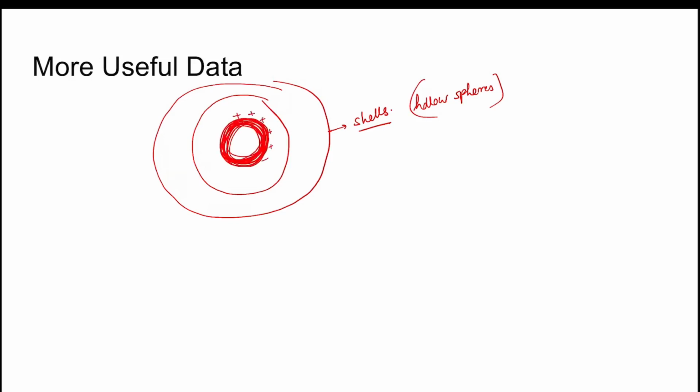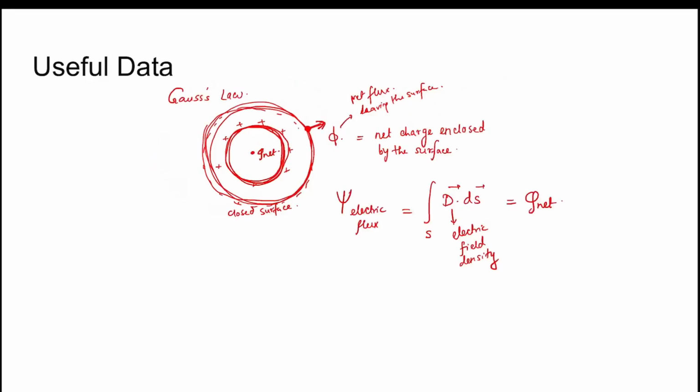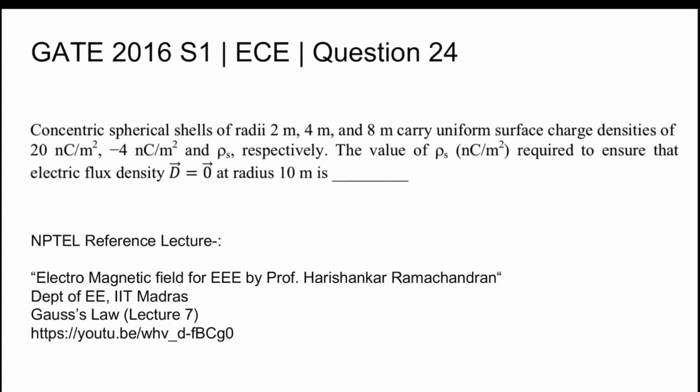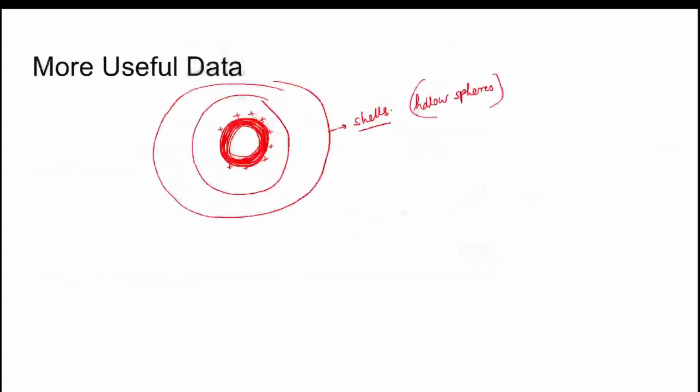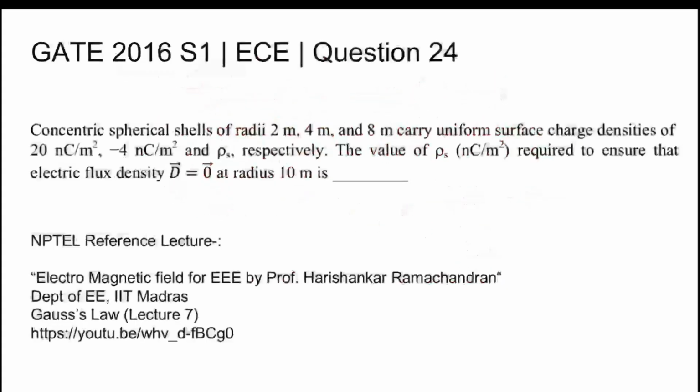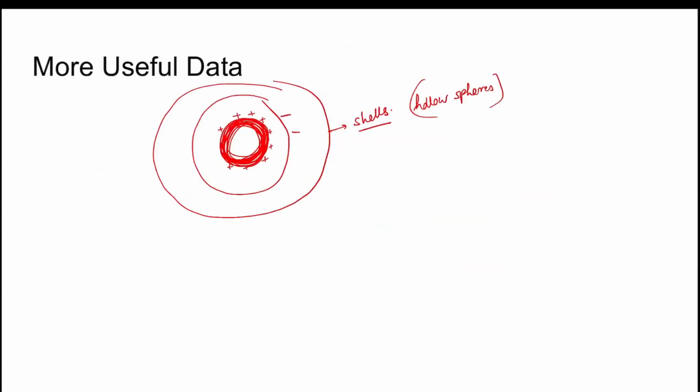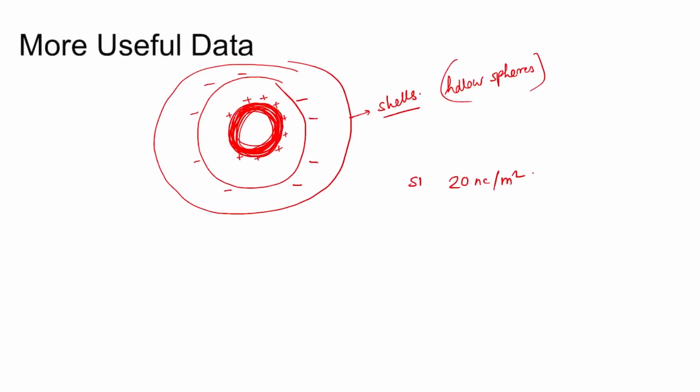As per the question, 20 nanocoulomb per meter square, so positive charge, for shell 1, and for shell 2 it is minus 4 nanocoulomb per meter square, and for shell 3 it is rho s.